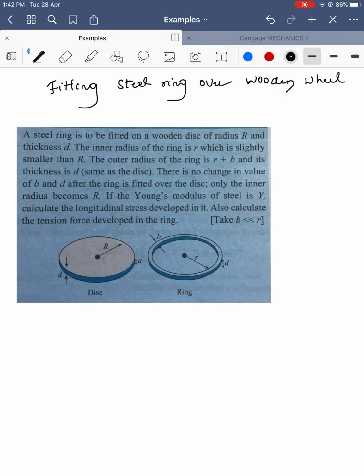Fitting a steel ring over a wooden wheel. Okay, let's start this question. A steel ring is to be fitted on a wooden disc of radius capital R and thickness d.